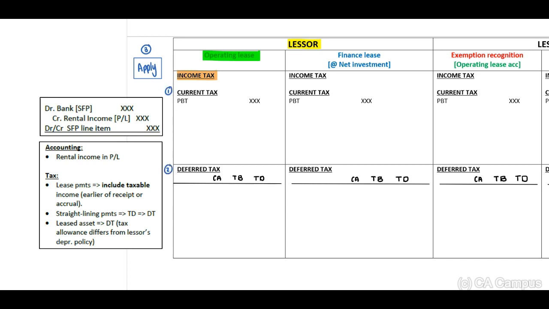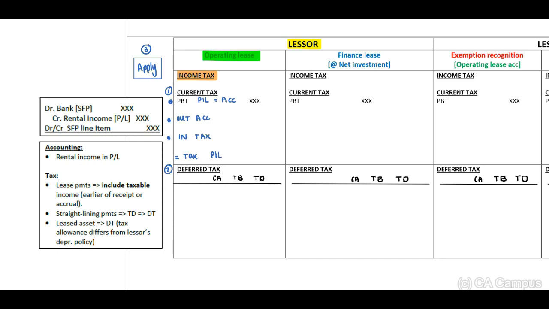To be able to calculate your current tax, you need to obtain your profit before tax from your profit and loss statement, and this is per your accounting rules. And then you need to take out your accounting rules and you need to include your tax rules to be able to calculate your taxable profit or loss.